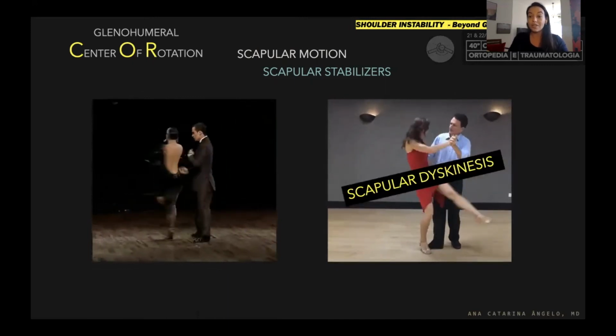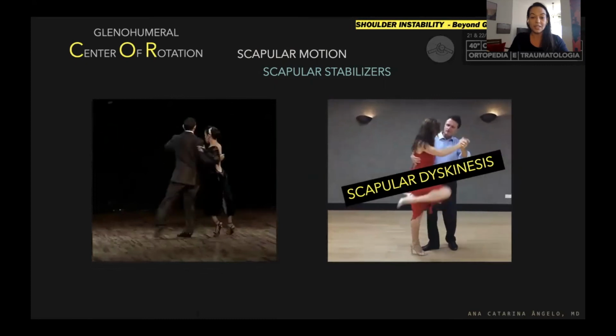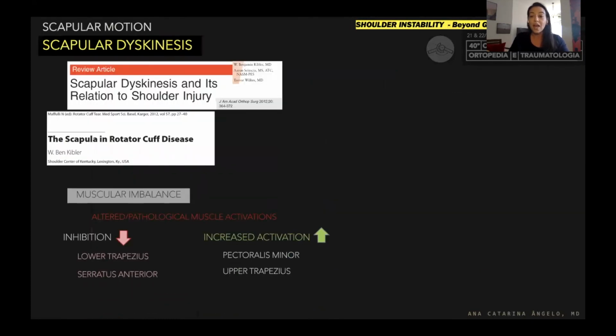This is the so-called scapular dyskinesis. So what is scapular dyskinesis, and how does it relate to shoulder injury? Scapular dyskinesis is not a synonym of lesion of the long thoracic nerve or scapular winging. This can happen, of course, but the infinitely more frequent scapular dyskinesis is due to a muscular imbalance.